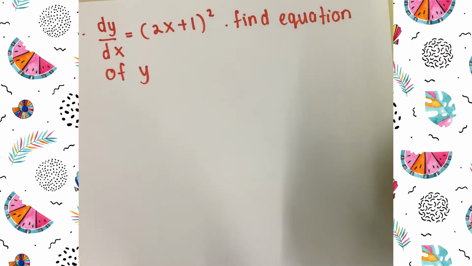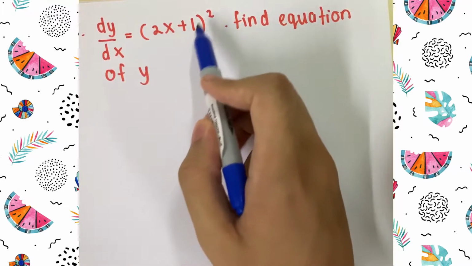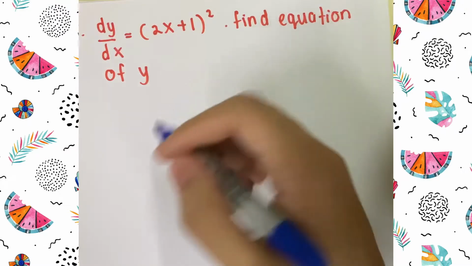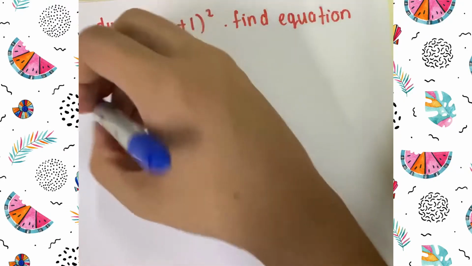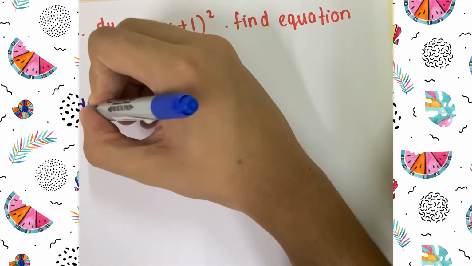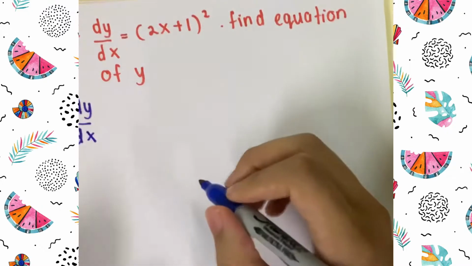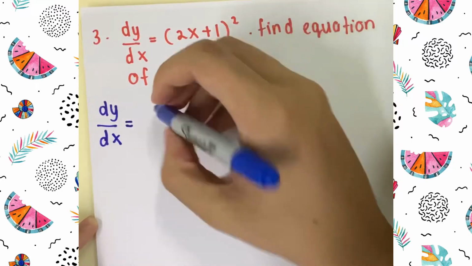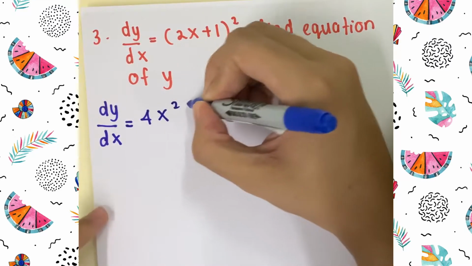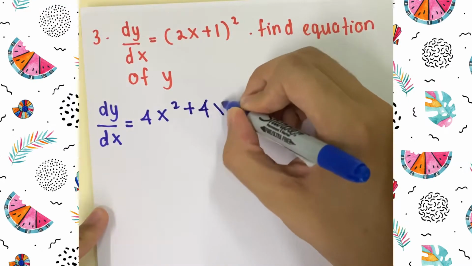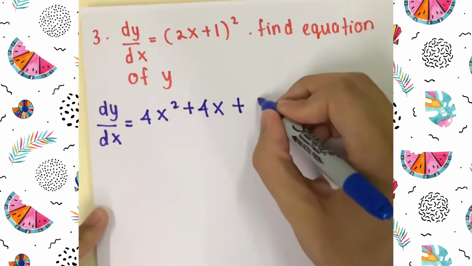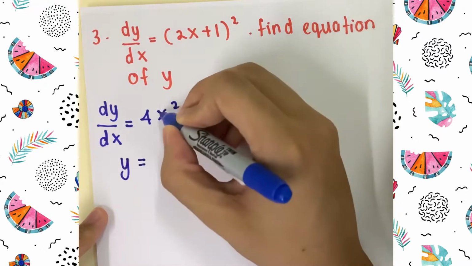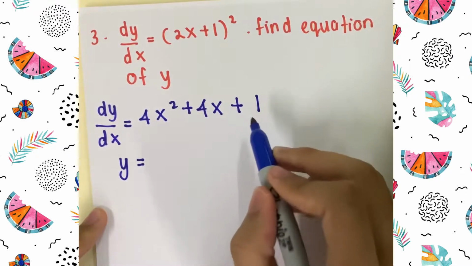So for question number 3, you have dy dx equals (2x plus 1) squared. Find the equation of y. So dy dx is going to equal, expand this, you will get 4x squared plus 4x plus 1. And to find my y, I have to integrate this whole thing.